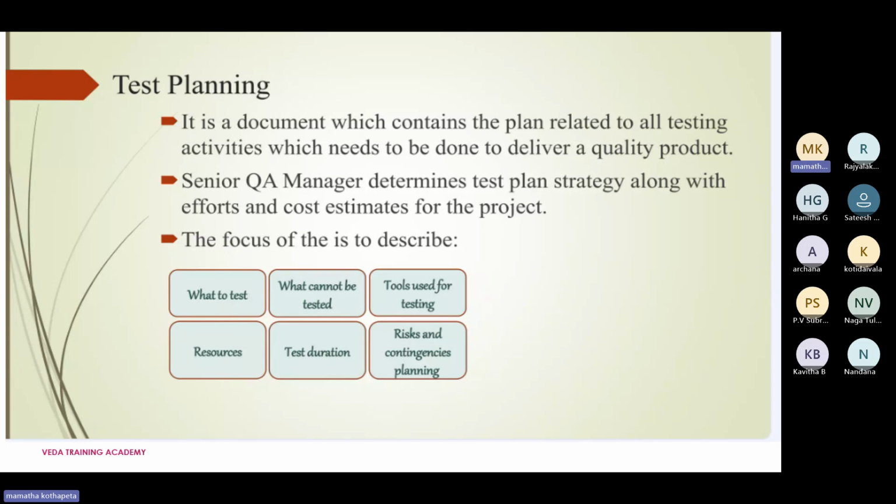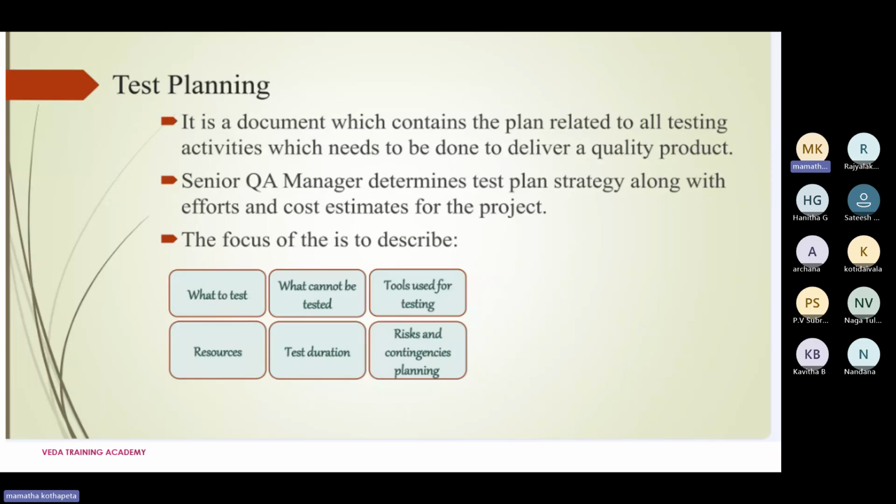Tools to be used, very, very important. Whether this is a manual testing project or an automation testing project. If it is a manual testing project, what kind of tools are we using? For example, cross-browser testing, yes, we need a license. Automation testing, we need a particular license.